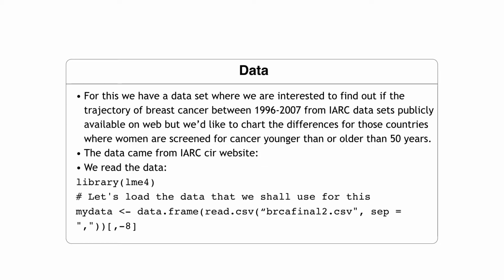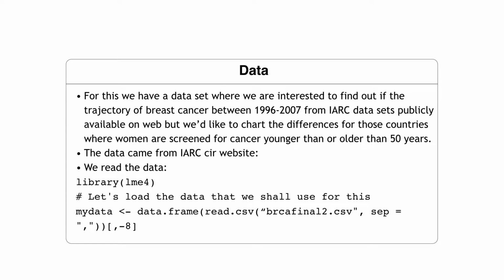For this exercise, we are going to have a data set which we have scraped from the web. This data set is about the trajectory, or the year by year age-standardized incidence of breast cancer in women aged 45 to 85 years old in 15 or 16 countries.